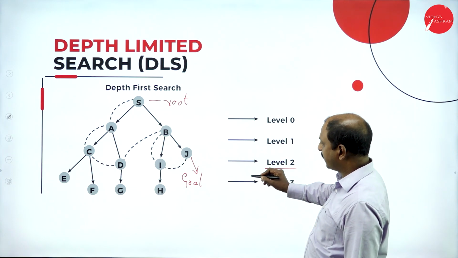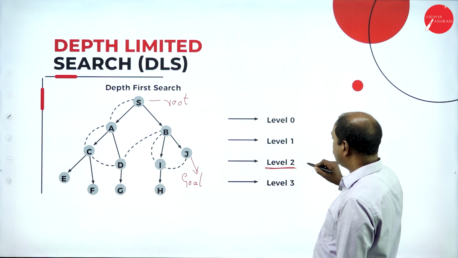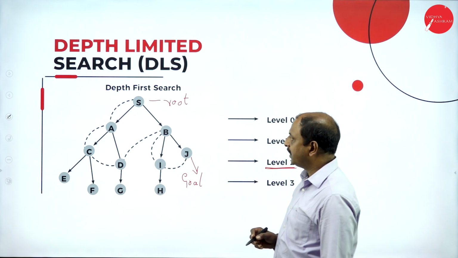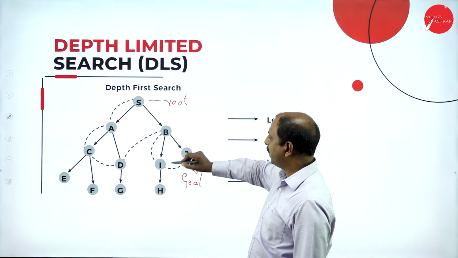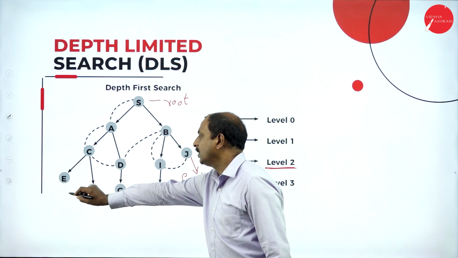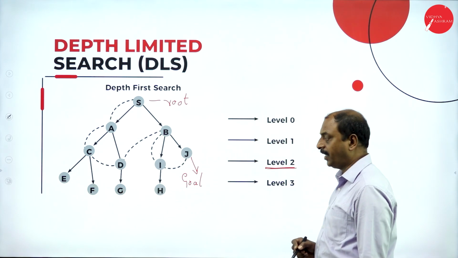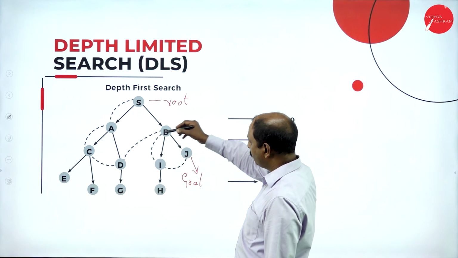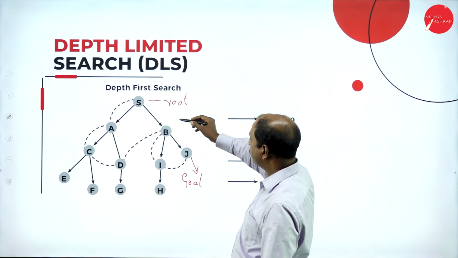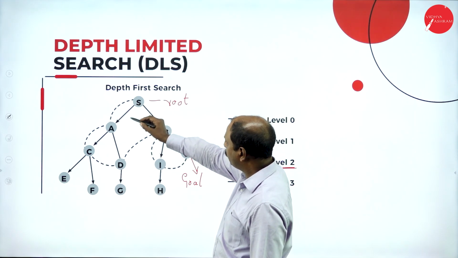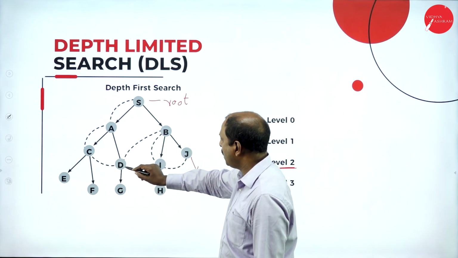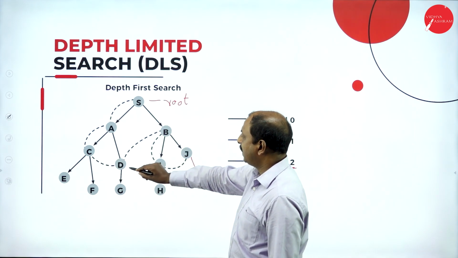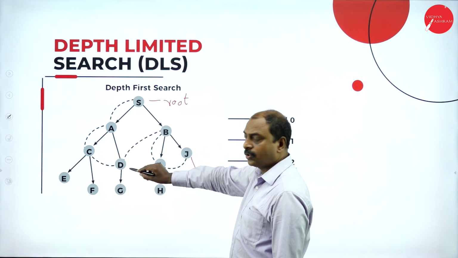In this example, the level is 2. That is the limit we have set. In that case, it is going to search only levels 0, 1 and 2. It may not go to the next level, that is level 3. So if you want to reach the goal, the algorithm starts from root S, A, C, D. Again, this is the limit set, level 2.